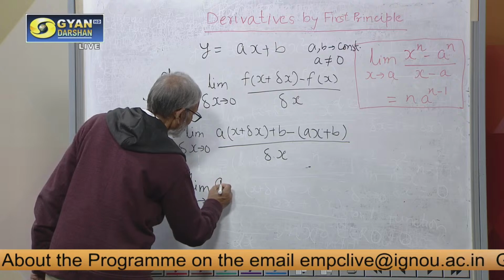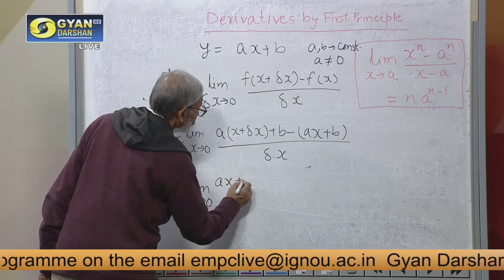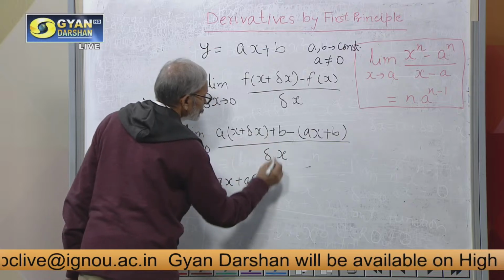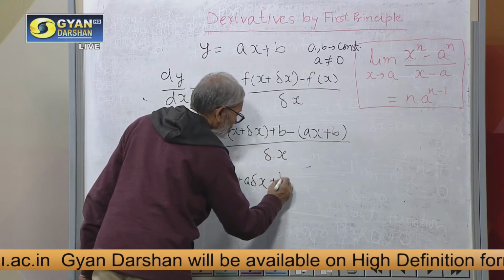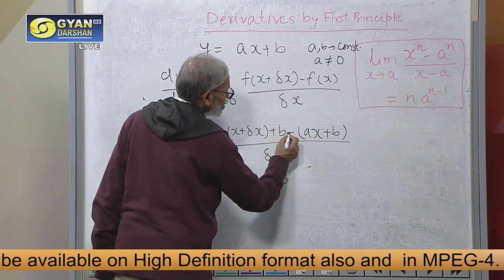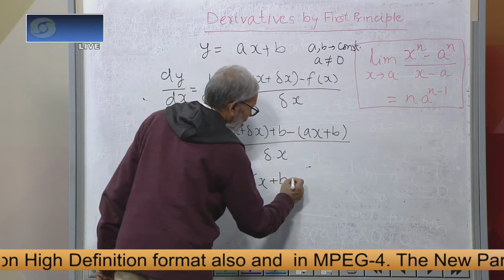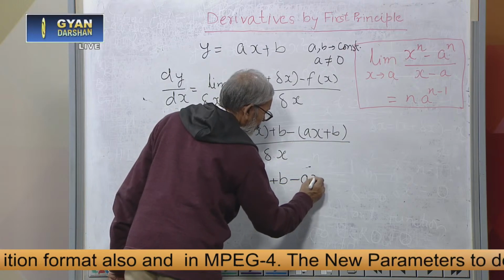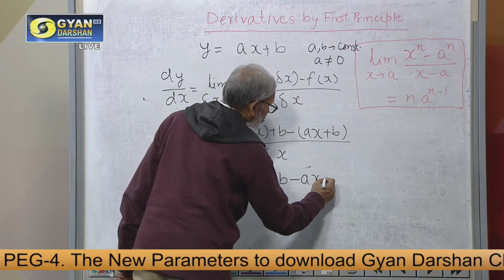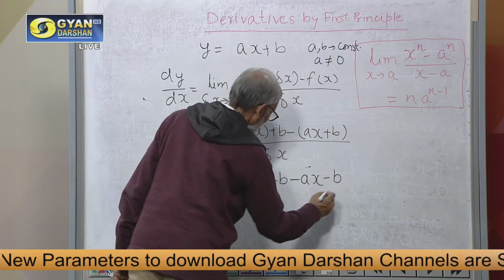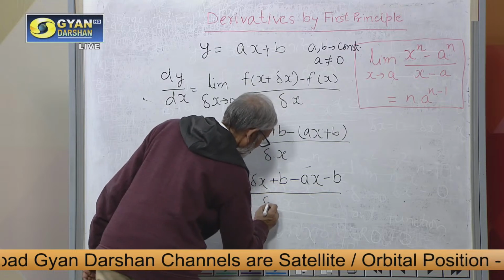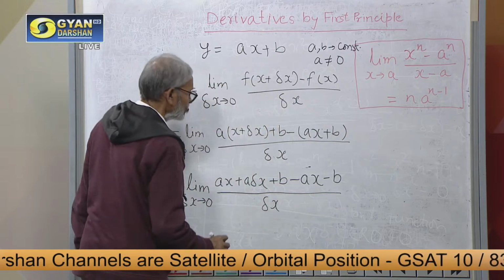So it will be ax plus a delta x plus b, and if I open this bracket, this minus sign is there, so minus ax, and again minus plus minus, so this will be minus b, divided by delta x.